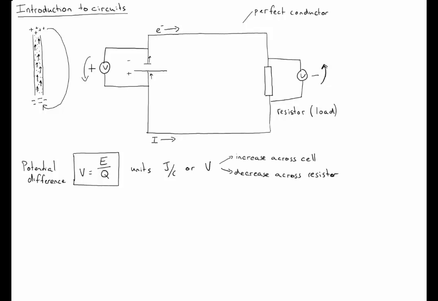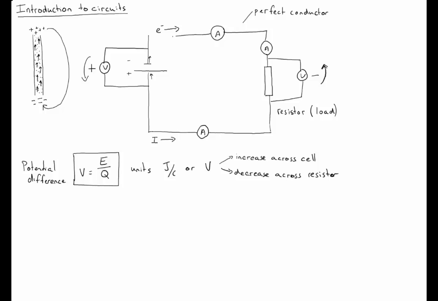We could put into this circuit an ammeter. Oops, I've just lost part of my circuit here. We could put an ammeter in here and measure the current. Now it doesn't matter where we put this ammeter. We could put one here on this part or across this top part of the circuit here.